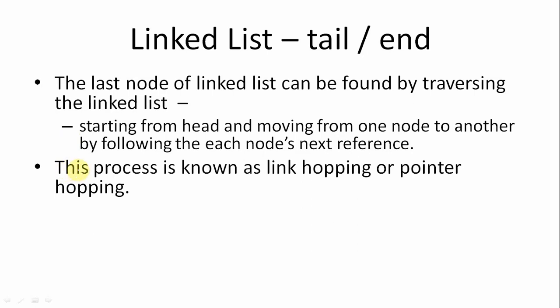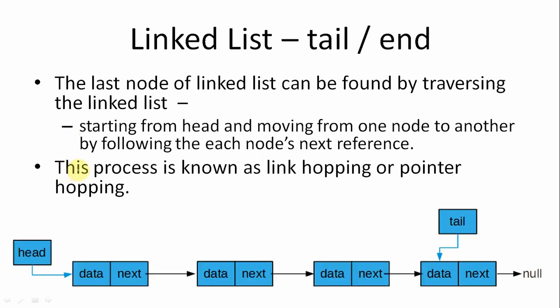So what is this process? Consider this linked list. You start from head and you get the reference of this node in head, and then you refer to the next field of this particular node. If that next field is not null, then you can move to the next node. Again on this node you check whether the next field is null or not.